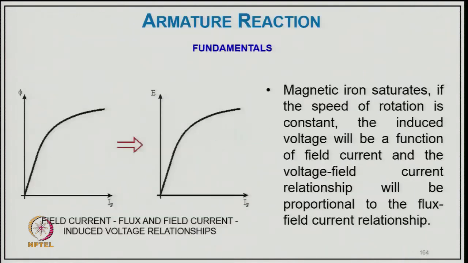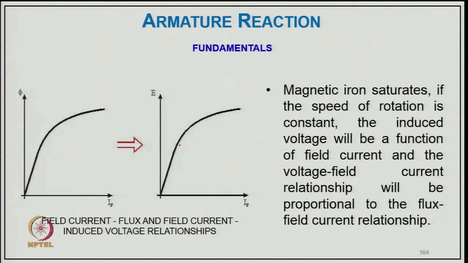Now, coming to armature reaction, the field current, flux and field current induced voltage. This is flux versus field current, and this is induced voltage and field current. You have saturation typically with increased field current. Initially, you do not have saturation because field excitation current is lower.